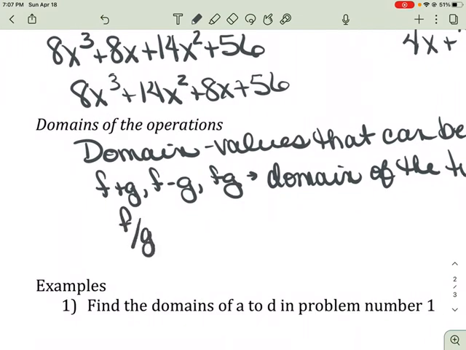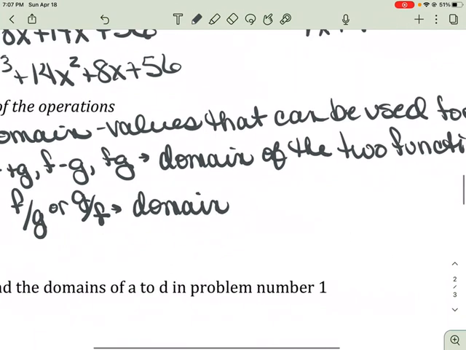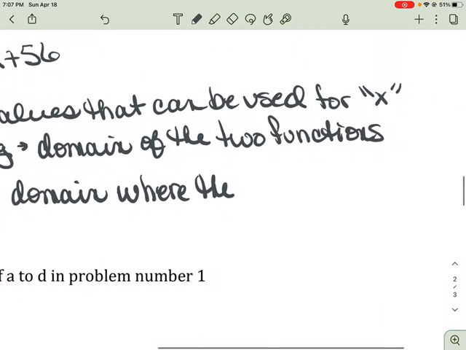Division, as always, is a problem child, f divided by g, or g divided by f. The domain is what the denominator cannot be 0. So the domain has to be concerned about where the denominator is equal to 0. Remember, you can't have 0 in the bottom of a fraction.